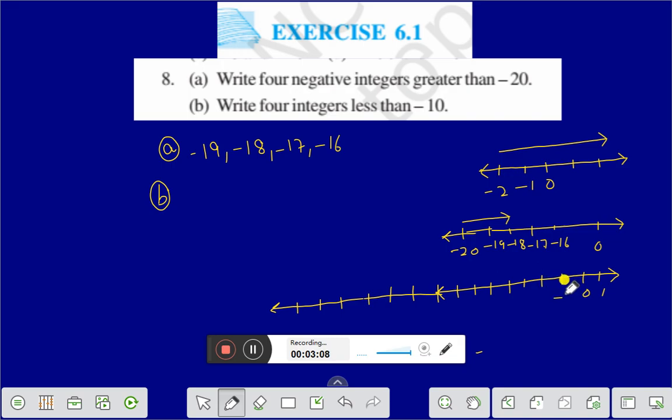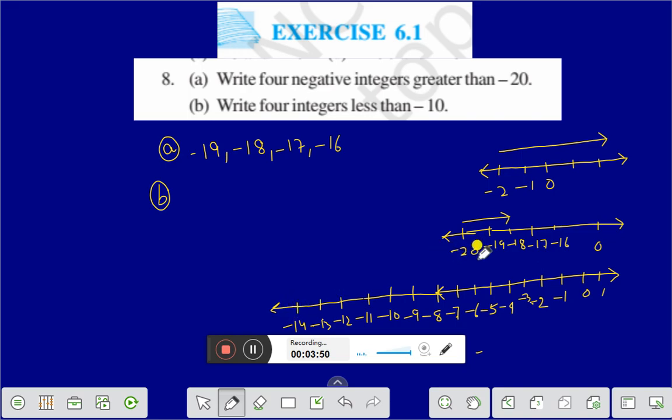Suppose this is minus 1, this is minus 2, this is minus 3, then minus 4, minus 5, minus 6, minus 7, minus 8, minus 9, minus 10, minus 11, minus 12, minus 13, minus 14.